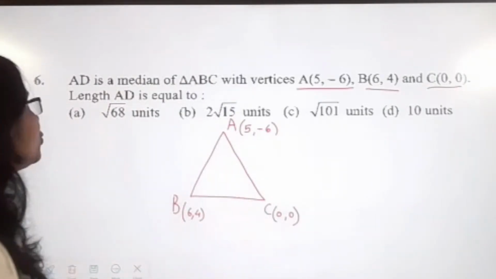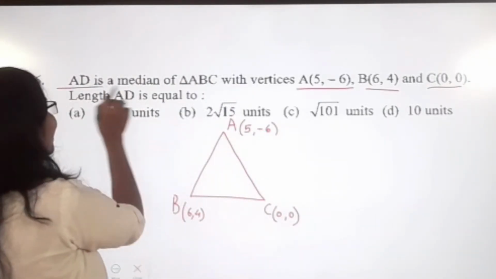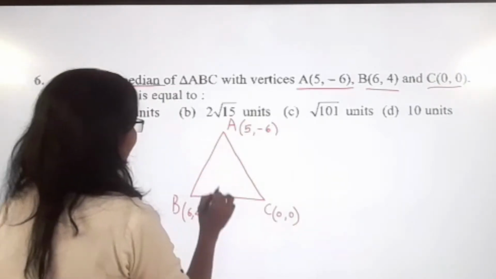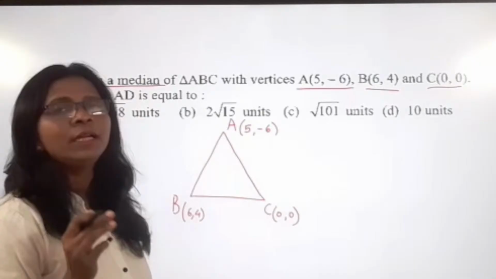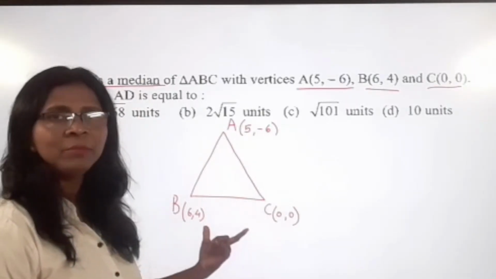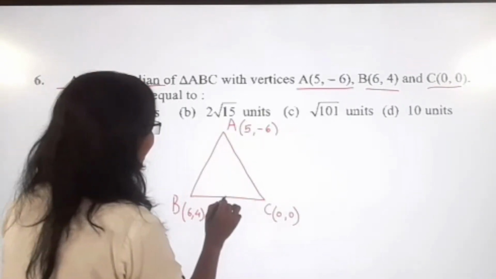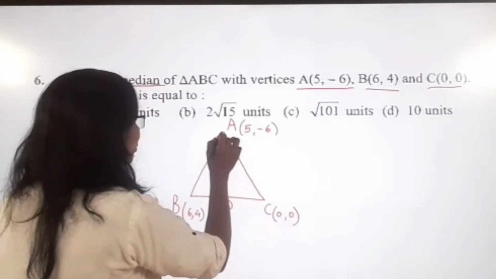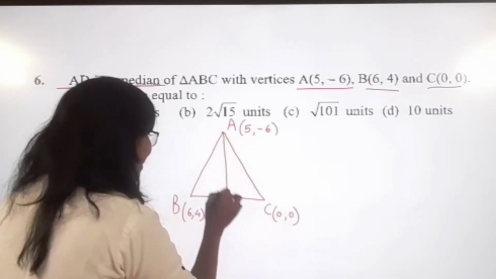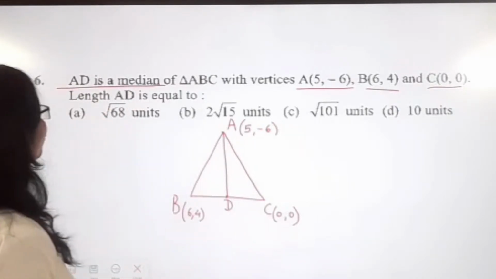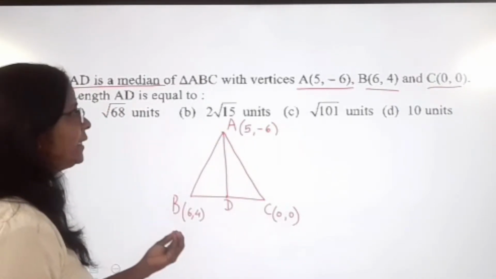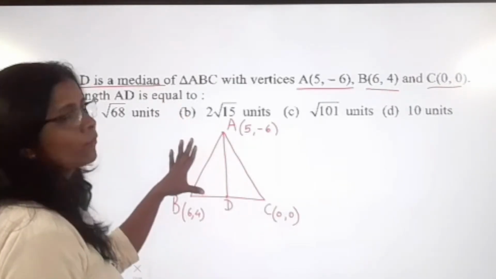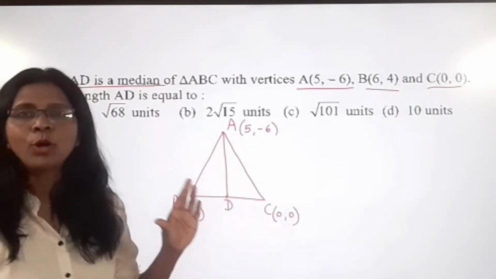Okay, and here they also mention that AD is a median. So I draw the median. Median means the midpoint of BC. Taking the midpoint of BC, that will be D. And then you can join points A and D. Okay, so now we have to find the length of AD.